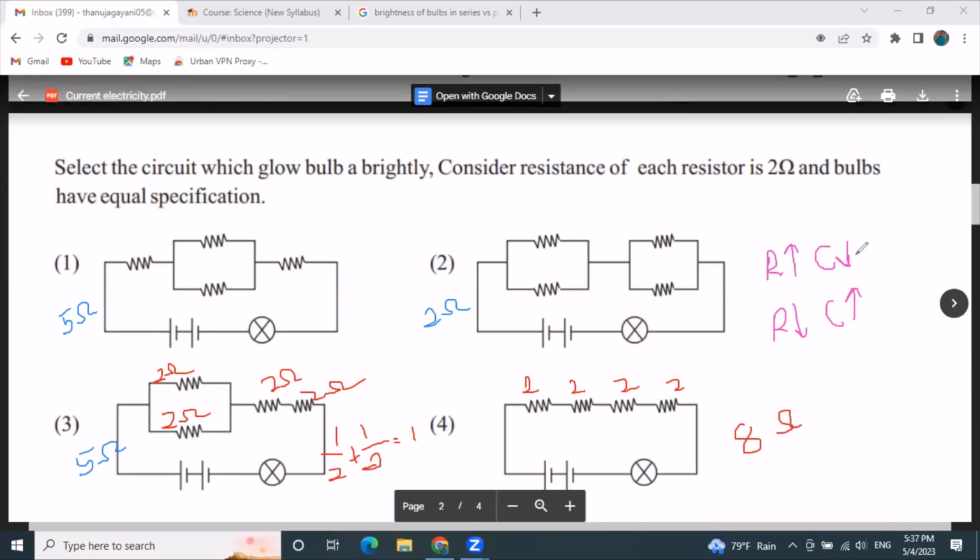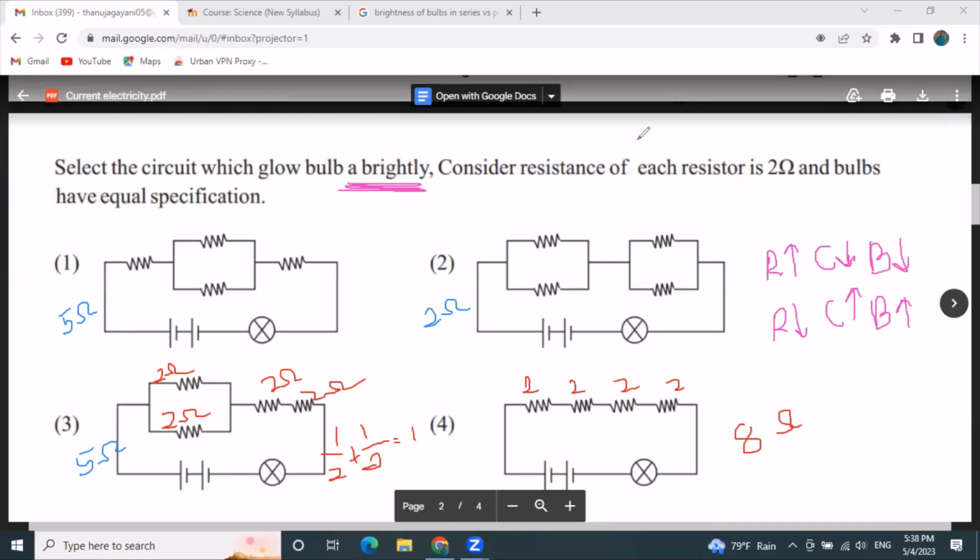Anyway, when the current is decreasing, the brightness of the bulb is also decreasing. When the current is increasing, the brightness of the bulb is also increasing. Accordingly, the brightest bulb, that means the bulb that glows brightly, is in the circuit with very low resistance.